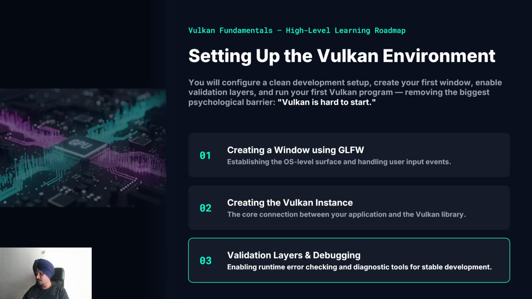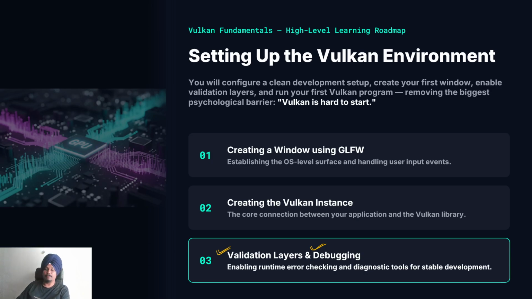Okay, so once we set up the Vulkan instance, we will delve into Vulkan's validation layers and debugging. So Vulkan validation and debugging, why are we doing that at the very beginning? We have not even rendered a triangle.